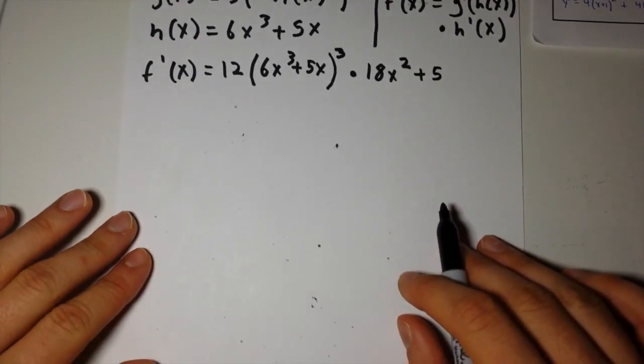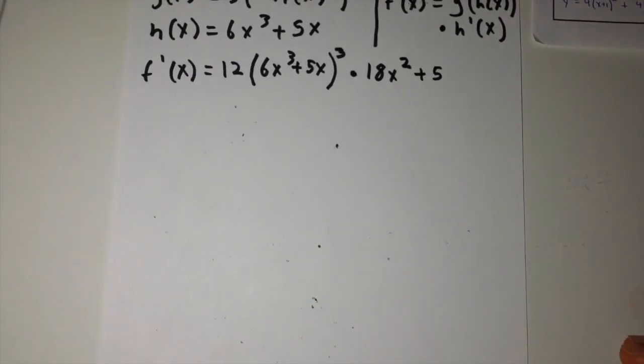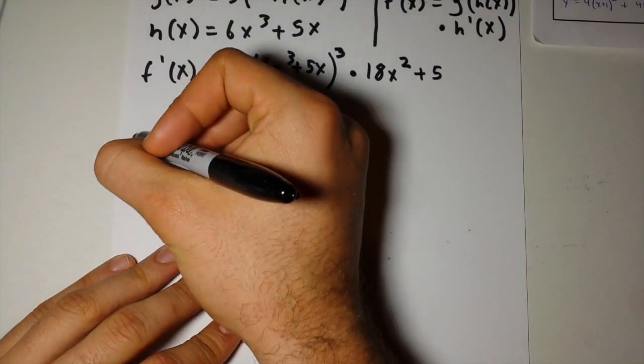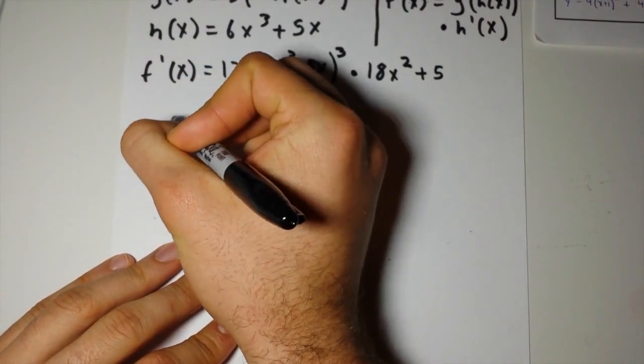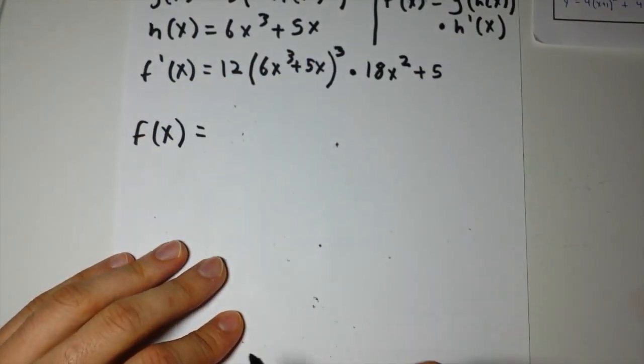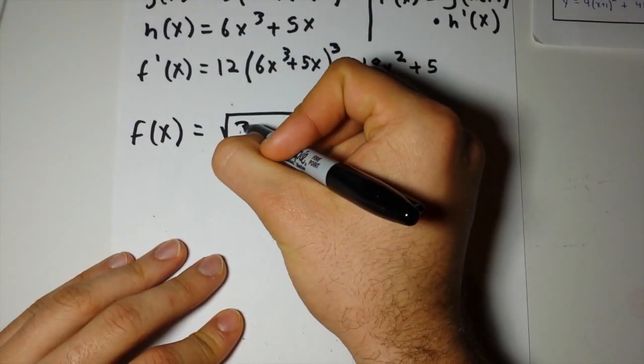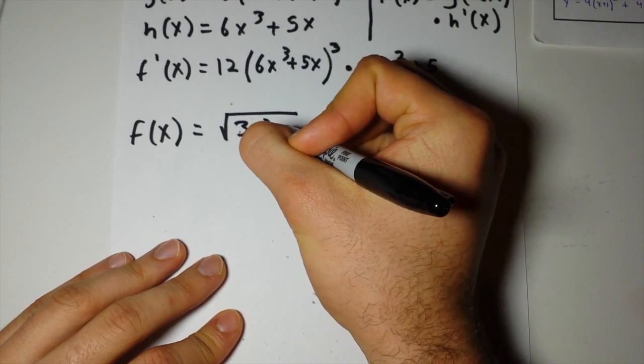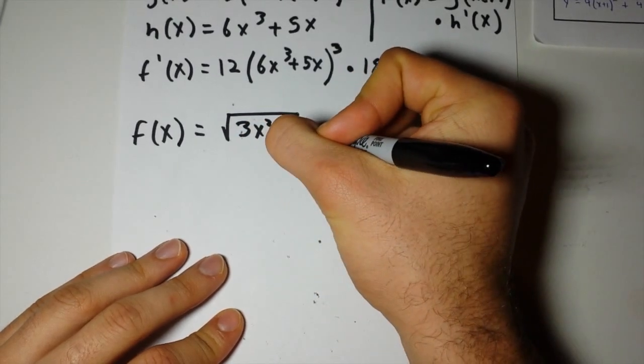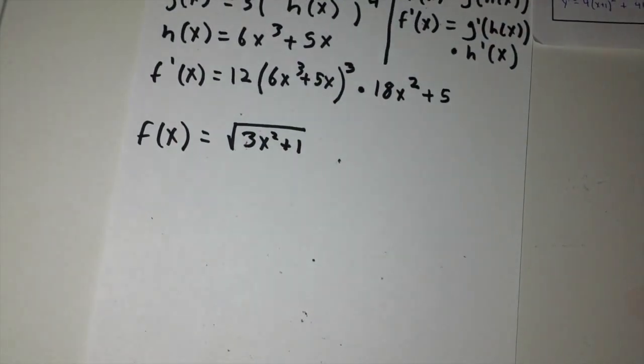So here's a slightly different example, still quite important. Quite often, we'll see square root functions, such as the square root of 3x squared plus 1. Now, this is just like any other composite function.